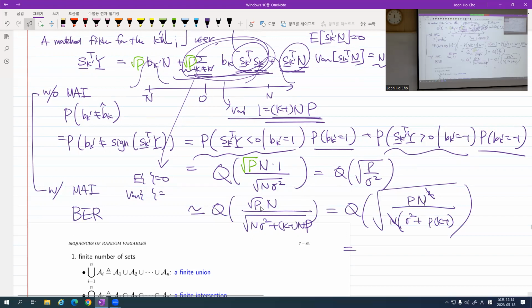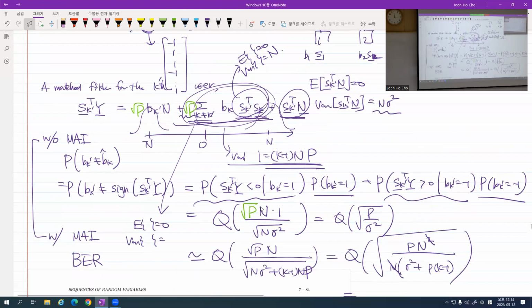Let me see, something's not quite correct. Just a second. Yeah, I believe... Something's not quite right. Just a second. Okay. Yeah. It seems I miscomputed the variance. And sigma square.